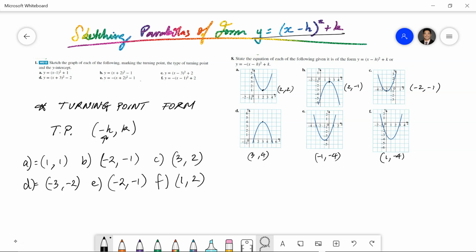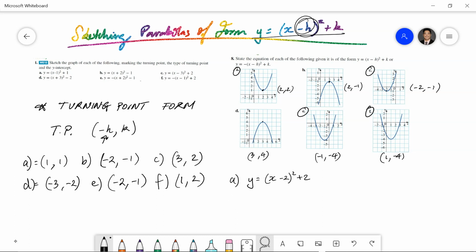First thing, we know that A, C, E, and F are positive parabolas, okay? They're upright. So for A, we could say that it's y is equal to x minus 2 all squared plus 2, okay? So remember the x value is our h, and it's going to be the opposite polarity.